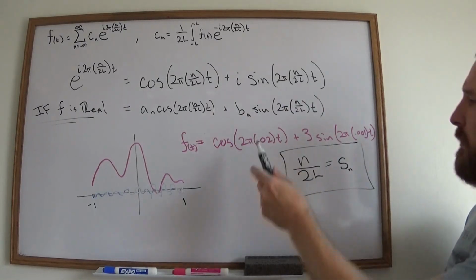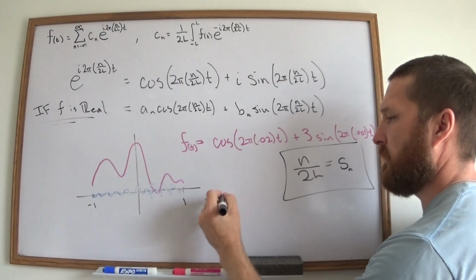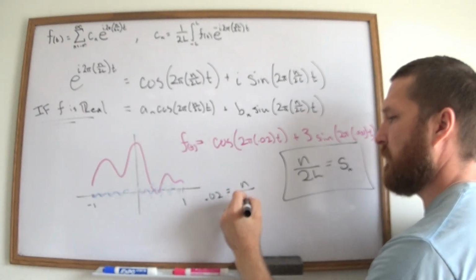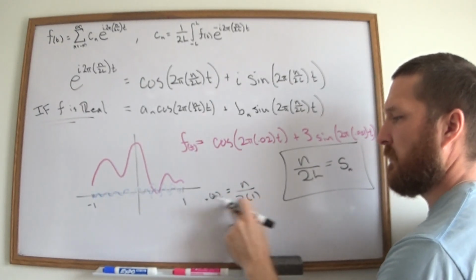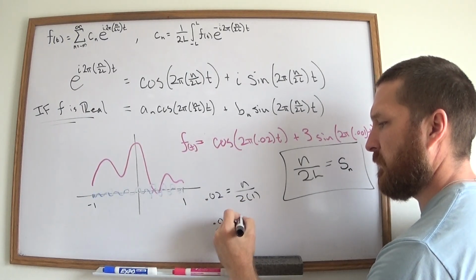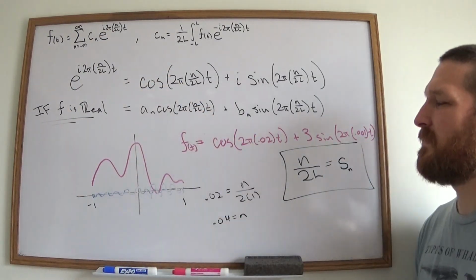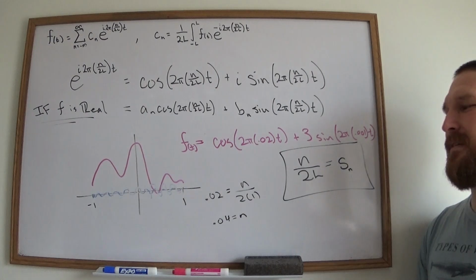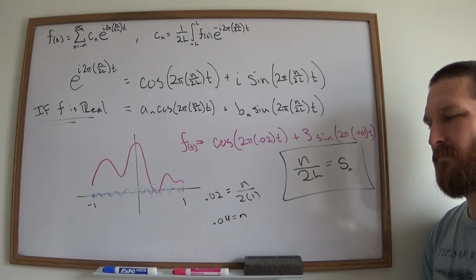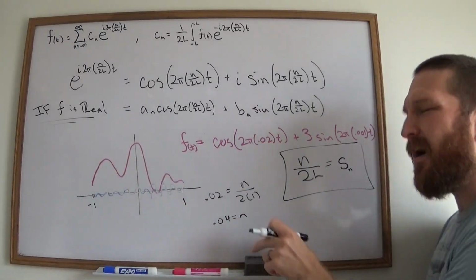Well, how much of 0.02 is in there? 0.02 is n over 2 times 1. Multiply the 2 up there, we'd have 0.04 equals n, but n can only be integers. So I wouldn't have access to that frequency. I wouldn't be able to actually recover this.